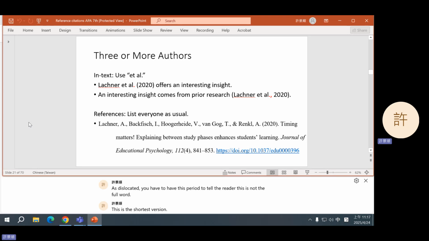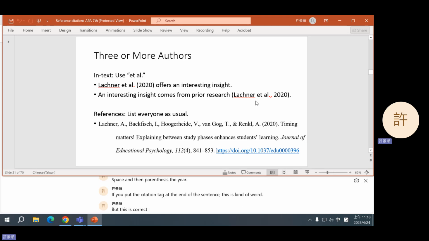So if you cite at the beginning of your sentence, if you use the citation tag as your subject, write the surname of the first author, no comma, et al, period, space, and then parenthesis the year. If you put the citation tag at the end of the sentence, this is kind of weird, but this is correct.